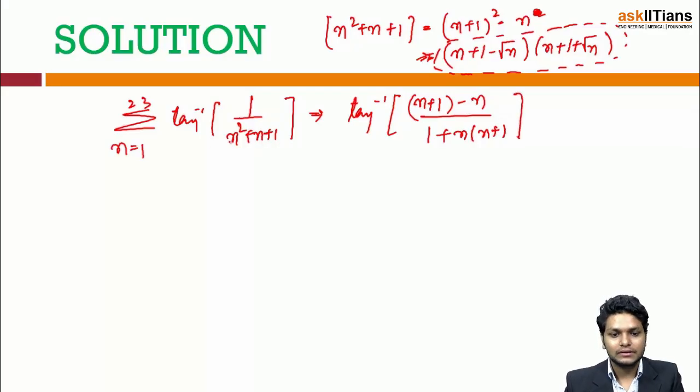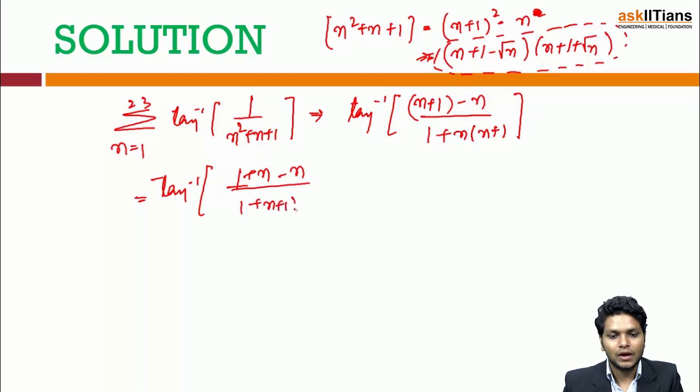Now I have something. So I can write it as tan inverse of n plus 1 minus n over 1 plus n plus 1 into n. I can write it off as tan inverse of n plus 1 minus tan inverse of n.